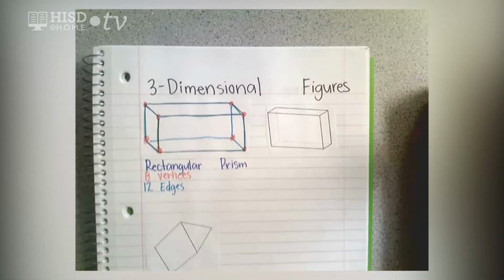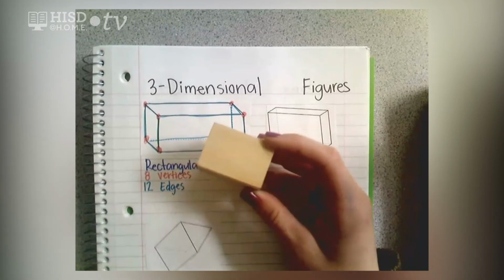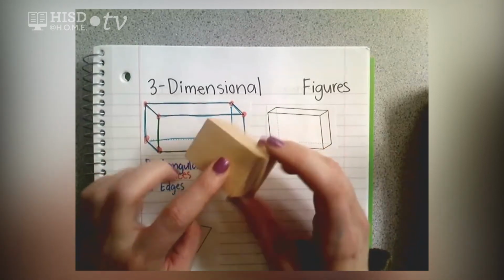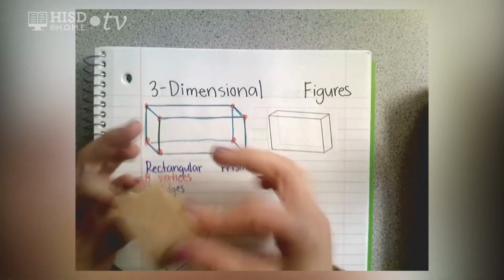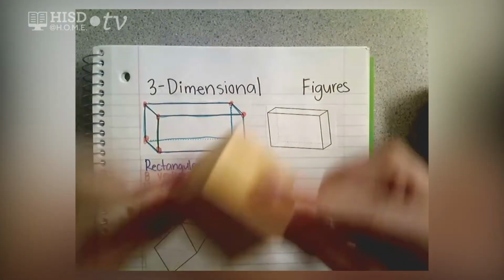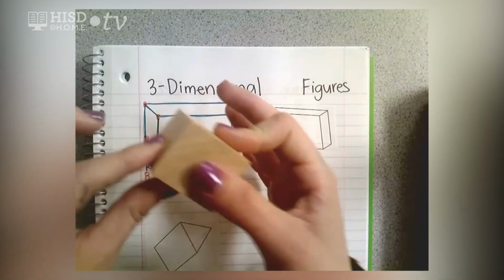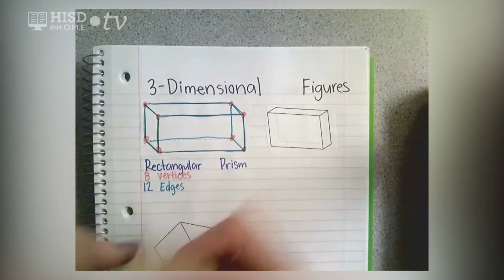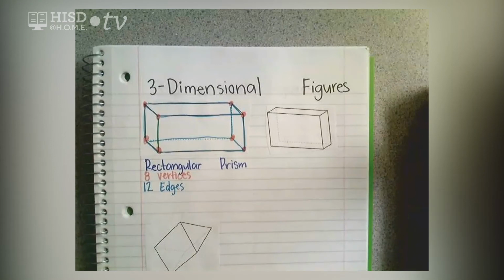So basically what we could do is actually look at 1, 2, 3, 4, where all my fingers are. 5, and then on the other side 6. So there's 6 faces.